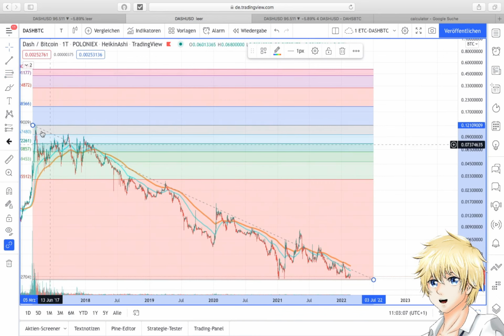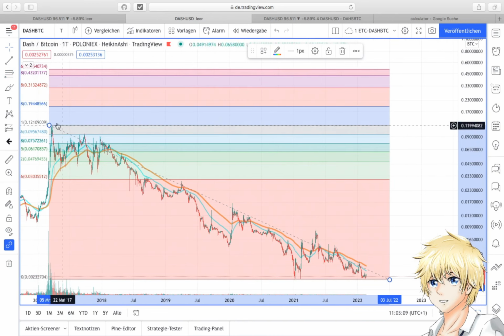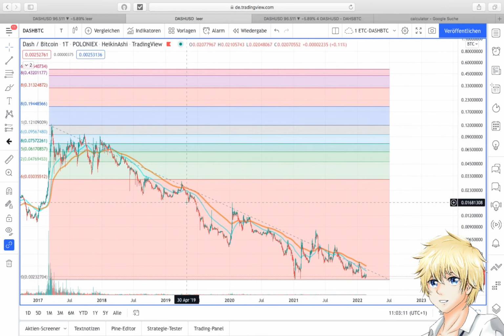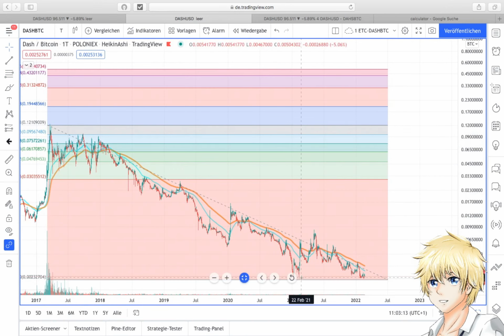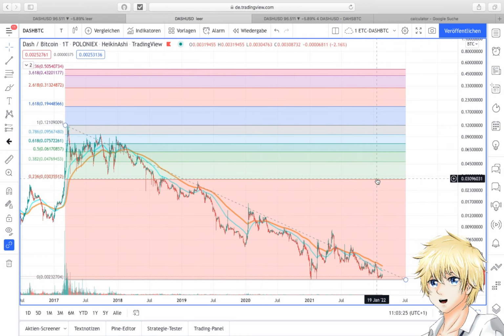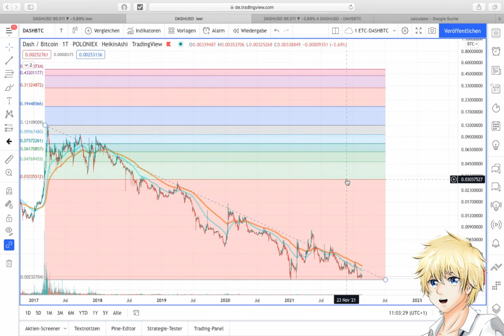So if I put the 1 here at the top of it, and I drag it all the way down to the 0 here, we can see the first realistic target, if this thing moves to the upside, will be this 0.236 Fibonacci level, and this will be 0.03 Bitcoin.